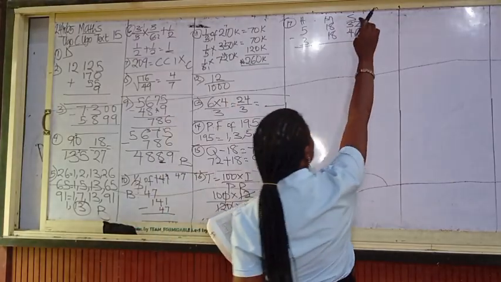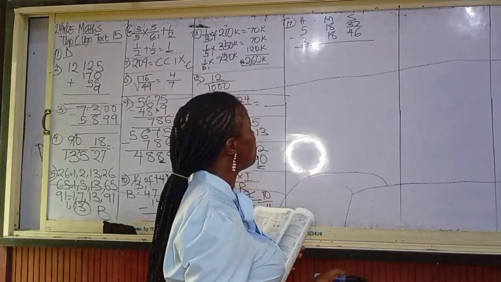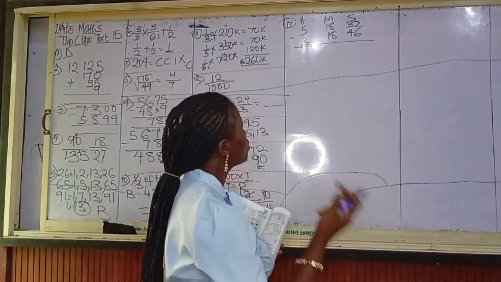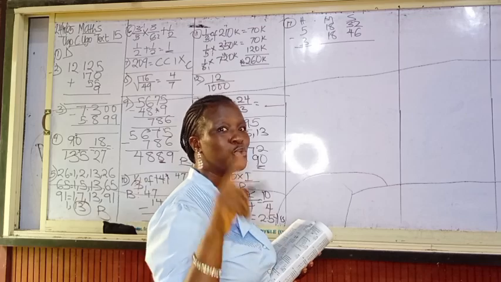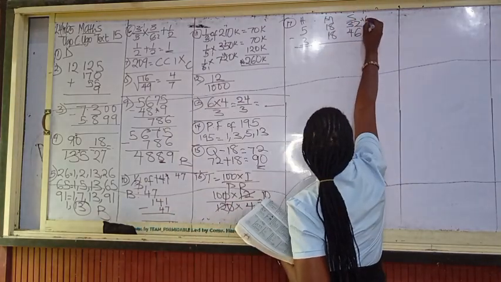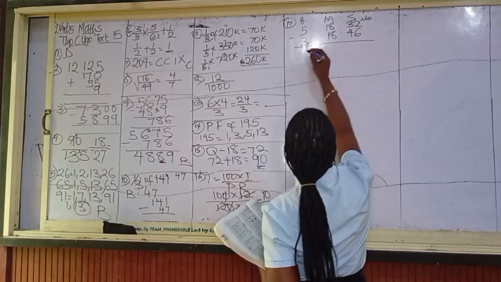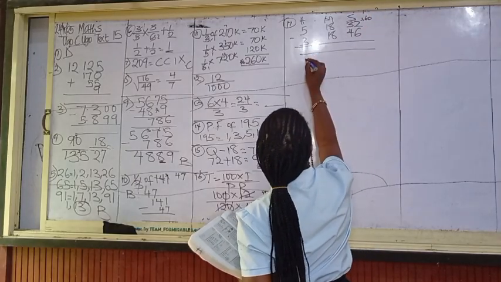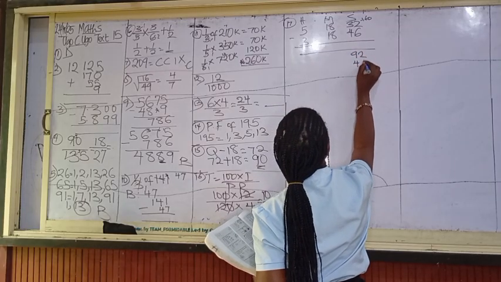It's not possible for us to take 46 away from 32. So we go to minutes to borrow 1, and that 1 minute we are borrowing returns to 60 seconds. So this will be plus 60, and that will be 92. So that means we will be having 92 minus 46.